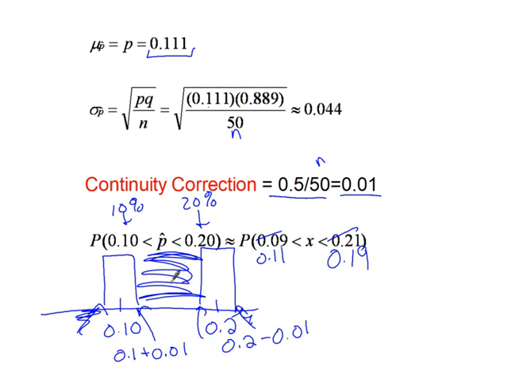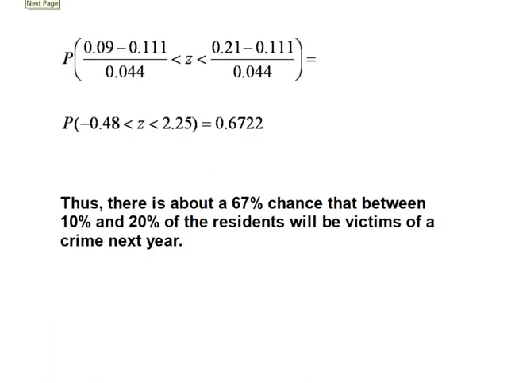So now that I've converted those into x values, that's going to change a little bit. And that's going to change a little bit. I'm going to use p and the standard deviation to find out z-scores. So 0.11 minus 0.111 divided by 0.044. Okay, this is going to change a little bit to negative 0.02.